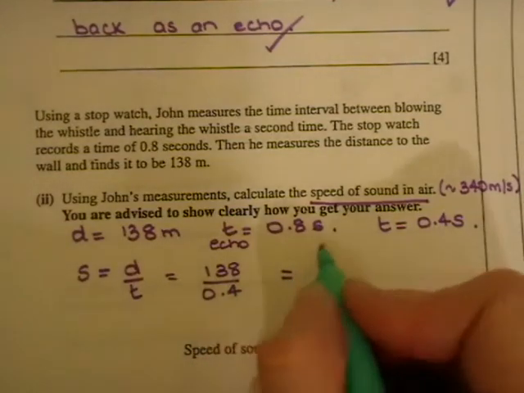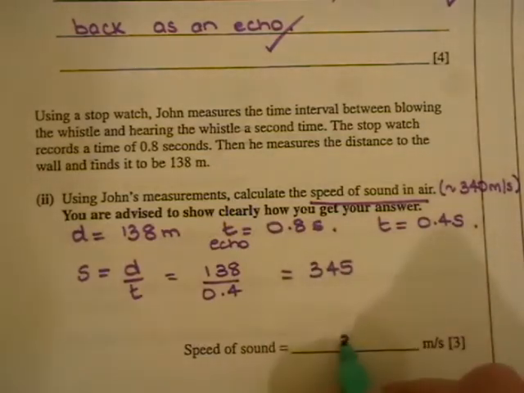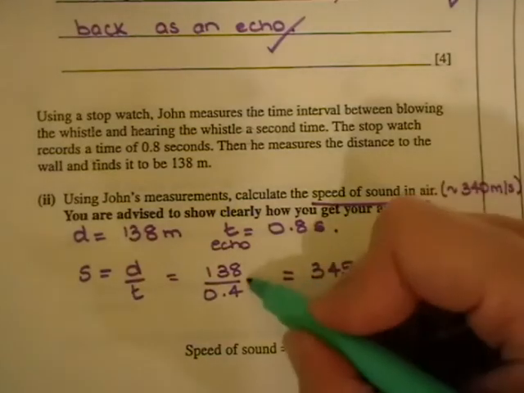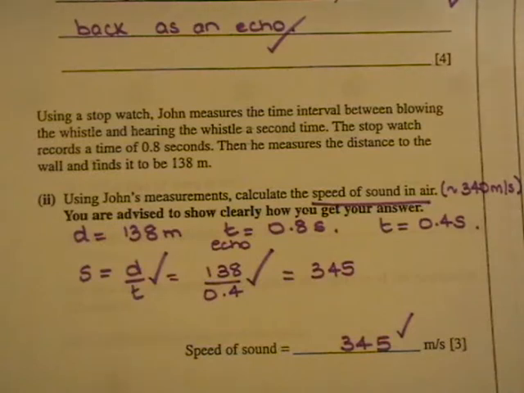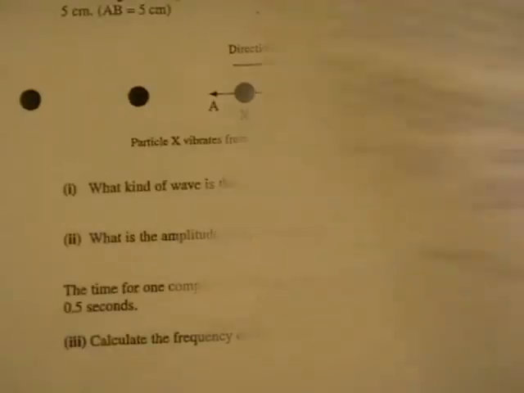And the answer that we get out is actually 345, which we're going to put in here. So there's 1 mark for your answer, 1 mark for the 2 numbers in your calculation, and 1 mark for distance over time. Now if you didn't divide your time by 2, you'd only end up with 1 mark there. But at least if you write your equation down, you will have 1 mark.